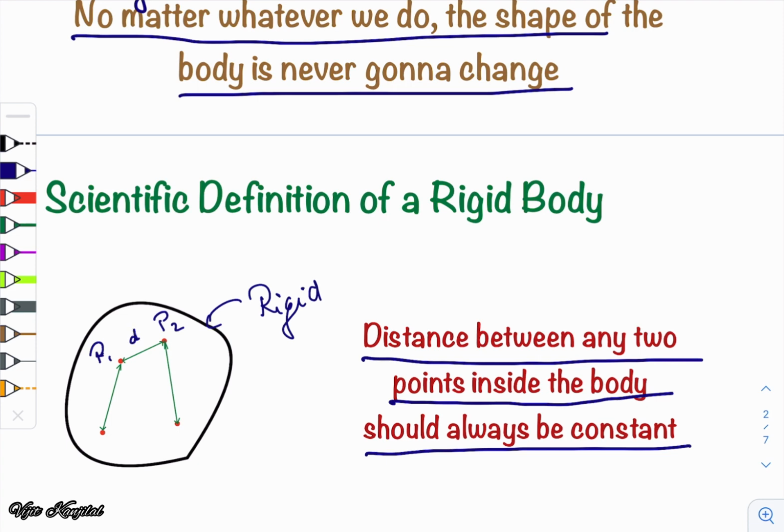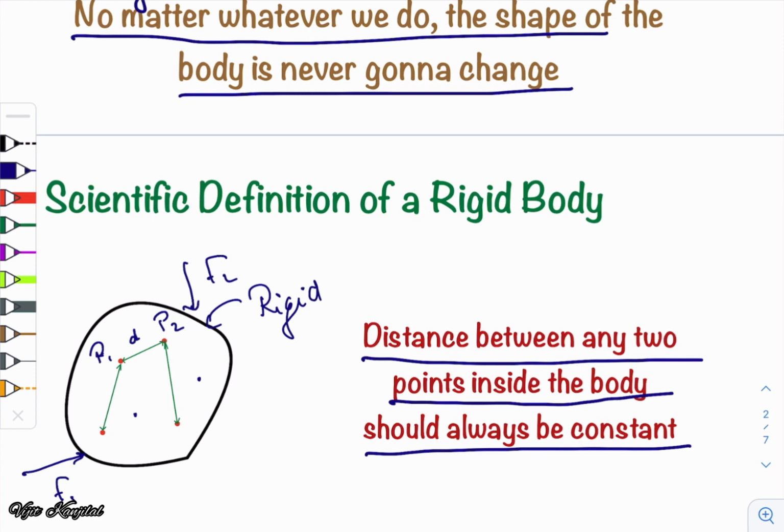We are going to call this body a rigid body if, no matter whatever we do with it, no matter how much force we apply to it at whatever point, the distance between any 2 points in the body, let's say this particular point and this particular point, is always the same.